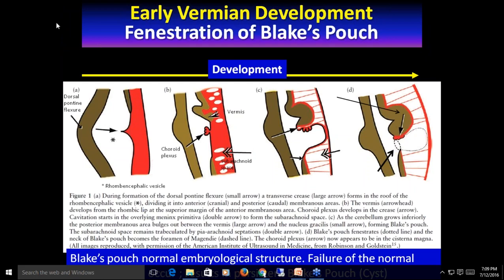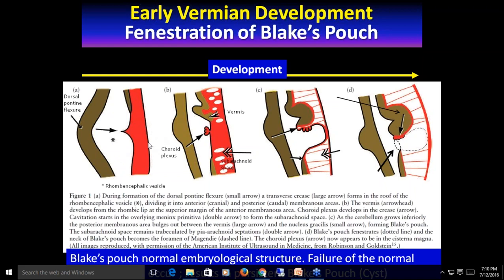Now let's take a look at the development as it relates to the fenestration of Blake's pouch. During the formation of the dorsal pontine flexure, as you can see right here, a transverse crease occurs, separating the roof into two parts: an anterior or cranial part, and a posterior or caudal membranous area.